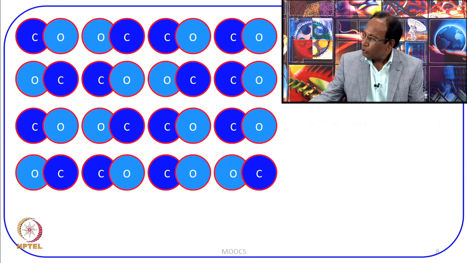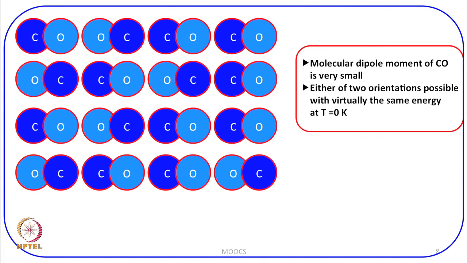The point to be noted is that the molecular dipole moment of carbon monoxide is very small because of the small electronegativity difference between carbon and oxygen. So whether it is CO or OC, either of the two orientations will virtually have the same energy at T equal to 0.